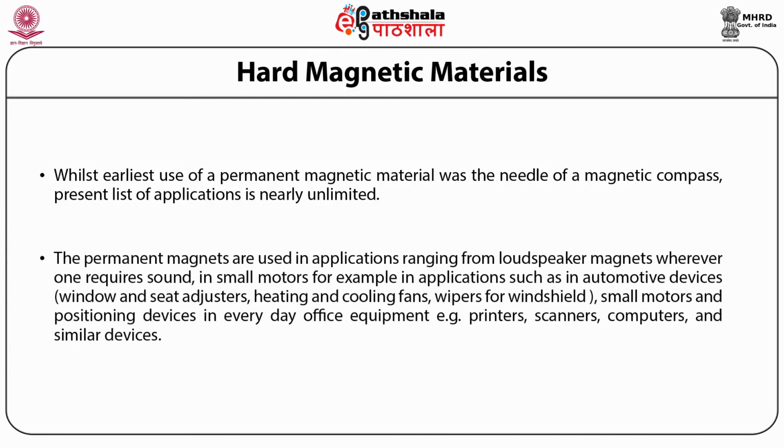Permanent magnets are used in applications ranging from loudspeaker magnets, wherever one requires sound, to small motors, for example, in automotive devices, window and seat adjusters, heating and cooling fans, and windshield wipers. They are also used in small motors and positioning devices in everyday office equipment, for example printers, scanners, computers, and similar devices.